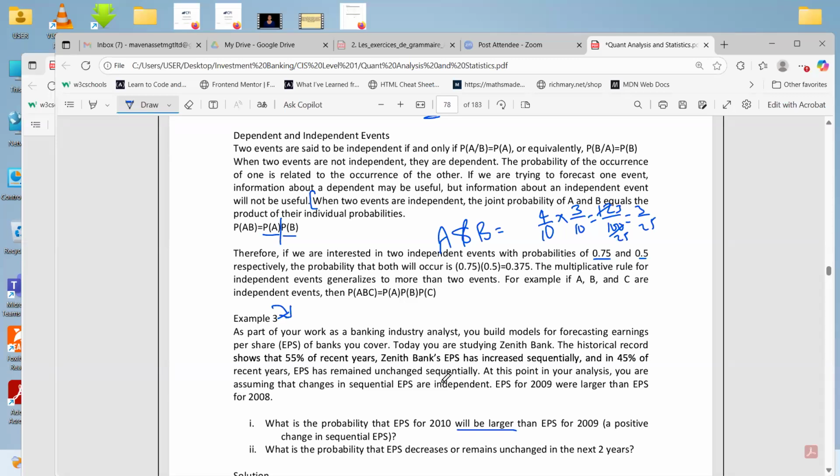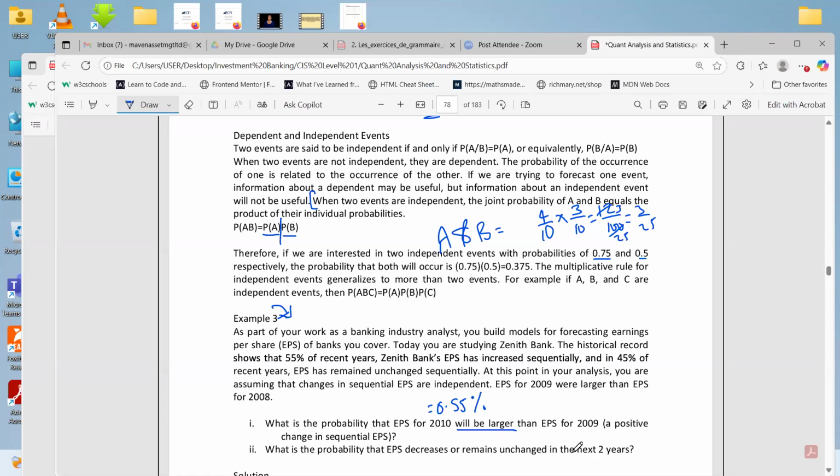All right, so let's go on. So I guess this is settled now. The first question we said is what? 0.55. Now look at the second question. Please, I need you to understand the second question. What is the probability that EPS decreases or remains unchanged?